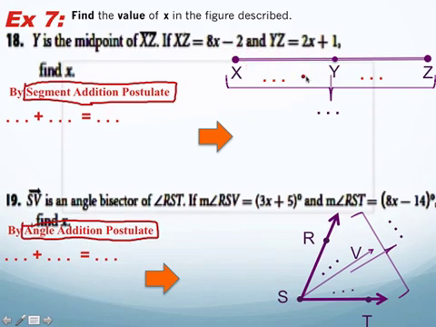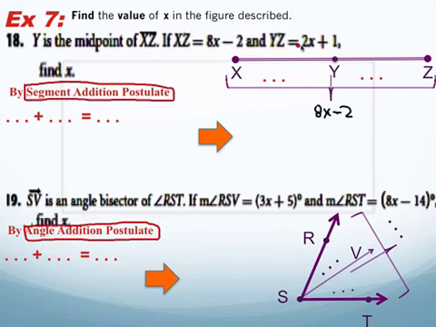XZ is 8x minus 2, and YZ is 2x plus 1. So Y to Z is 2x plus 1. Since we've already been told Y is the midpoint for this entire length, if the second half is this value, wouldn't that make the first half also the same value?